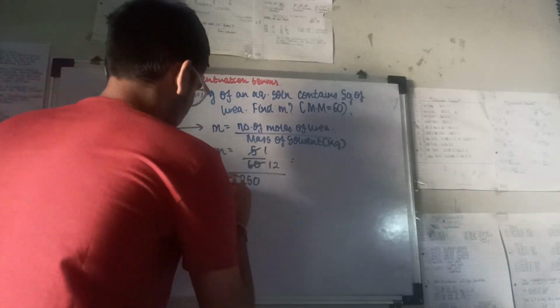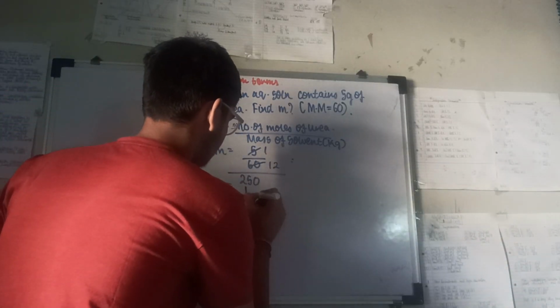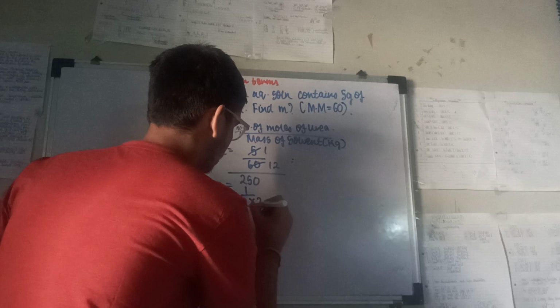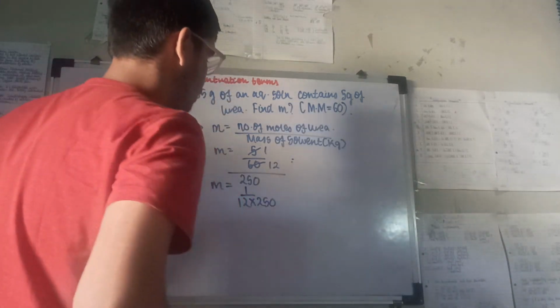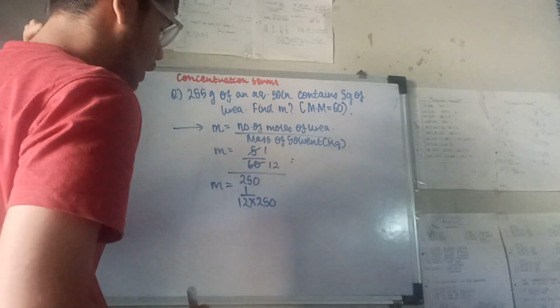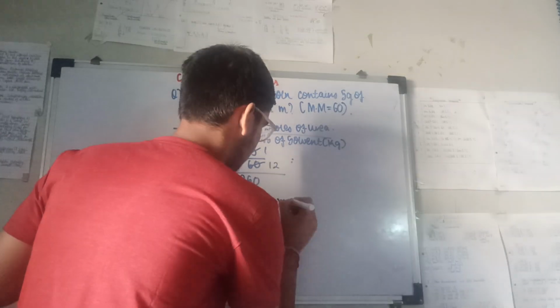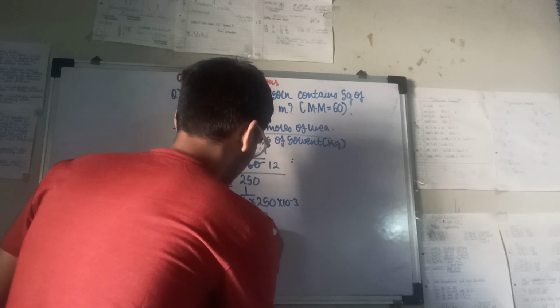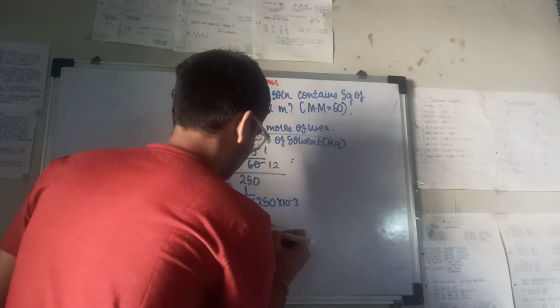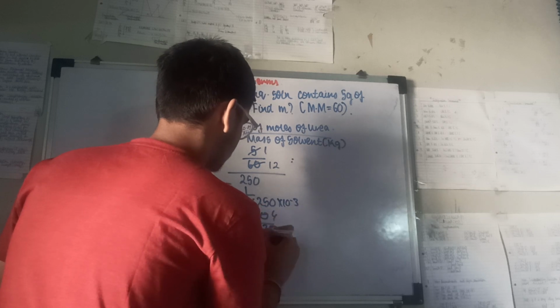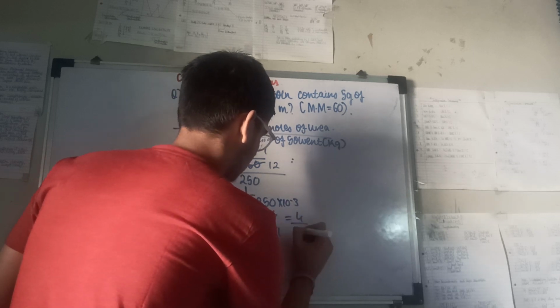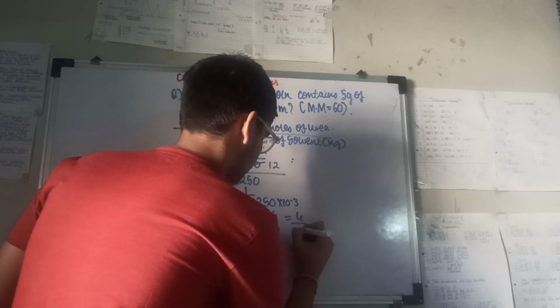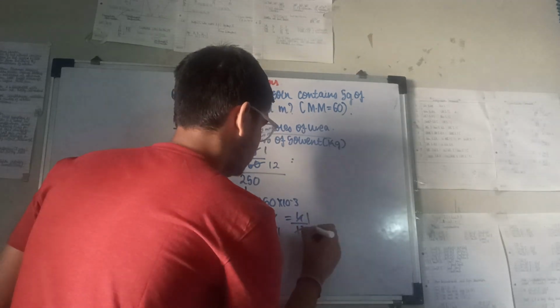1 by 12, m is equal to 1 by 12 into 25. This was in grams. So by making it kg, I will multiply it by 10 to the power minus 3. So it will be 10 to the power minus 2, and 100 by 12 into 25. 25 ones are 4 by 12. 4 by 12, what is this? 1 by 3.